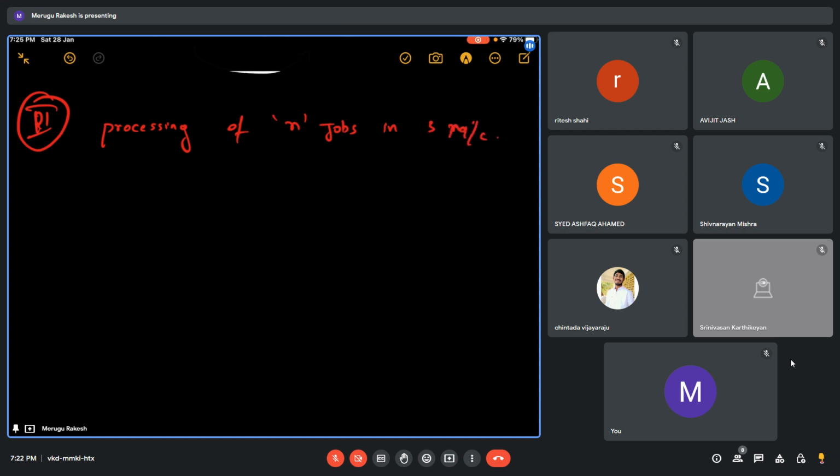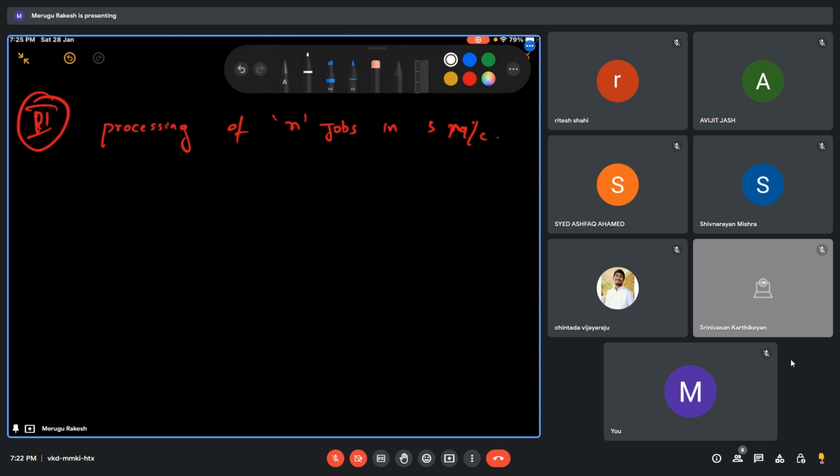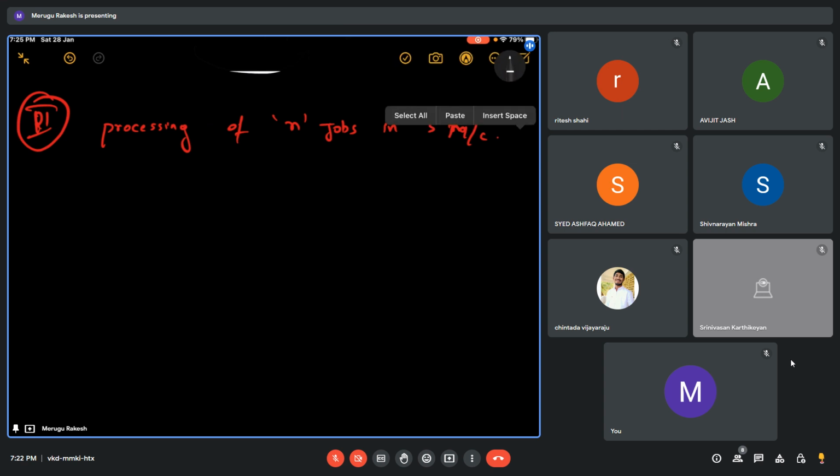In the previous case it was 2 machines, but now it is 3 machines. In this type of questions, you have to remember Johnson's rules.